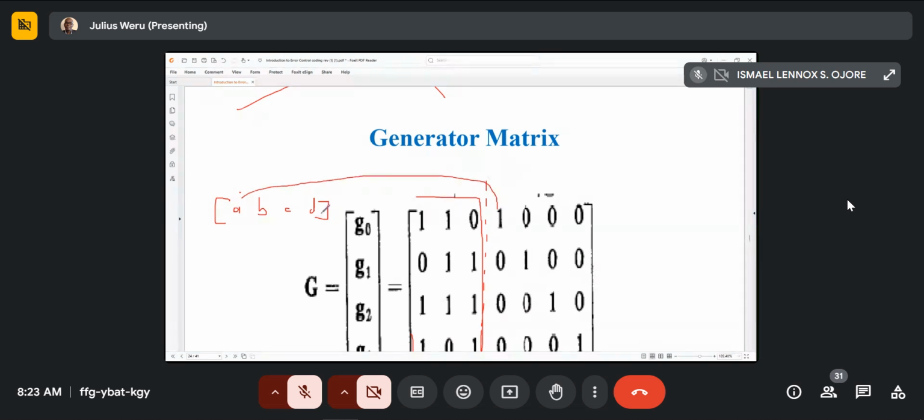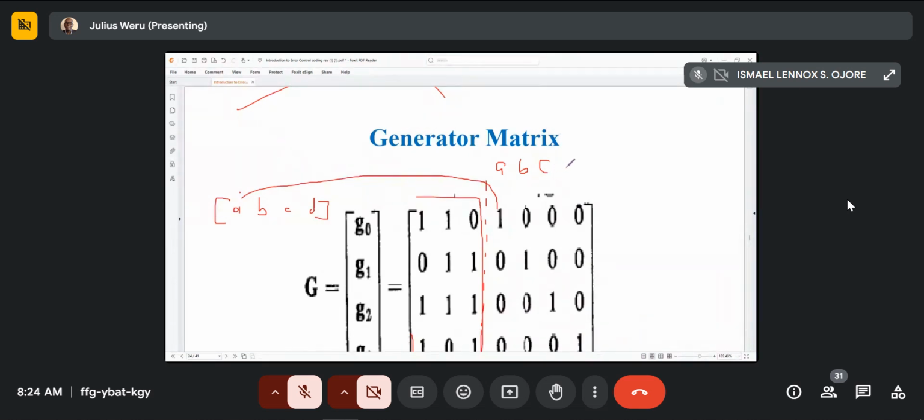Then the others are 0, so that will be A. Then the second part, this is 0, so only B is there, so this will give you B. The C part: A will be 0, B will be 0, and D will be 0, so you only end up with C. And the last part is the same: A times 0, B times 0, C times 0, and D times 1.